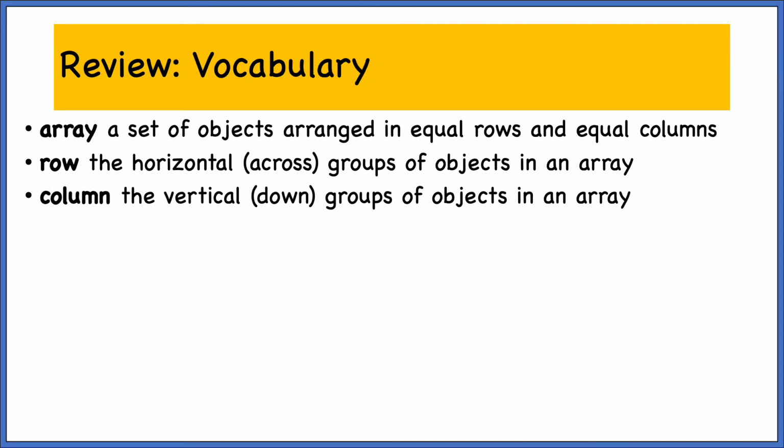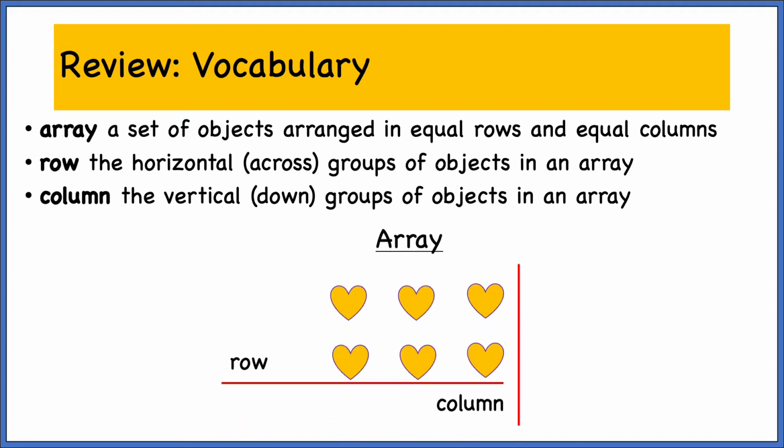And column, the vertical or up and down groups of objects in an array. Here's an example of an array that has two rows, 1, 2, and 3 columns, 1, 2, 3, in this array.